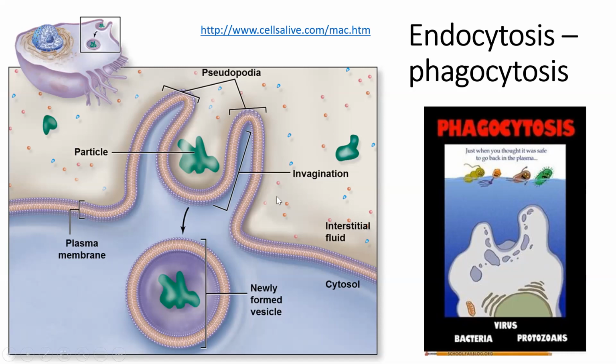So this is the extracellular fluid. The bacteria is floating around in there. It grabs it, engulfs it, and it closes in on it. And then this vesicle delivers this pathogen, or they're calling it the particle here, to the lysosome.